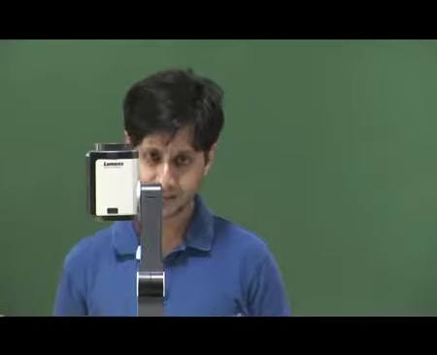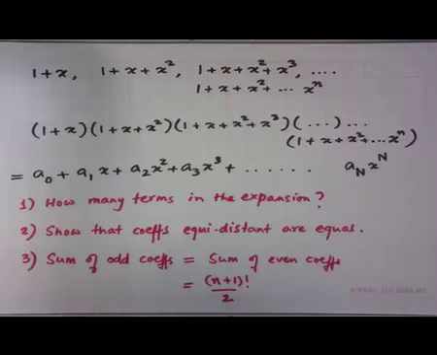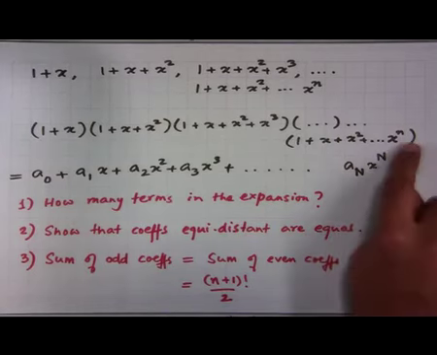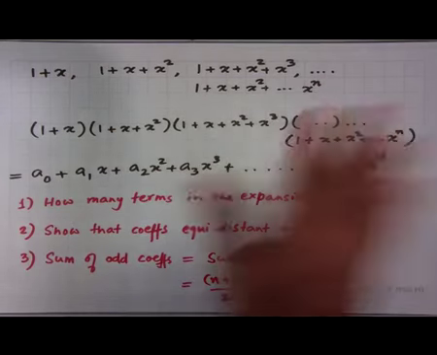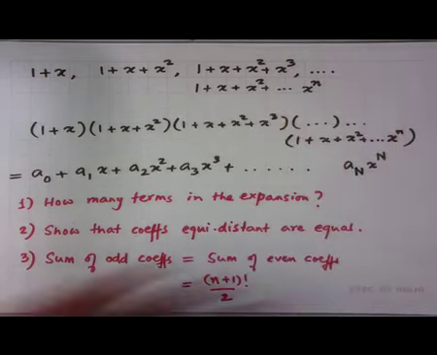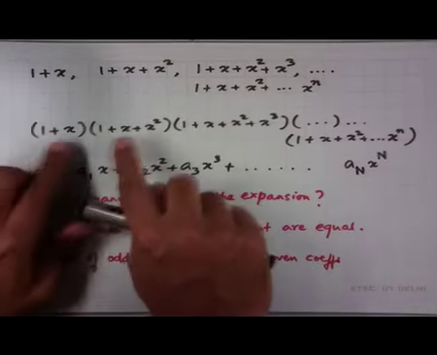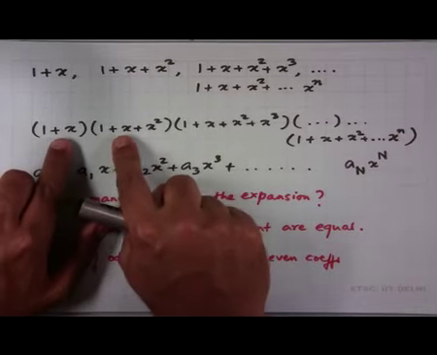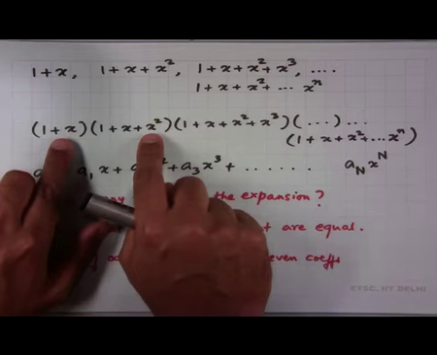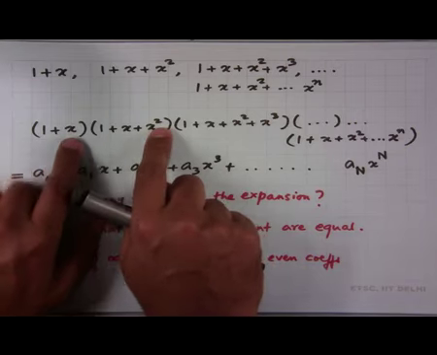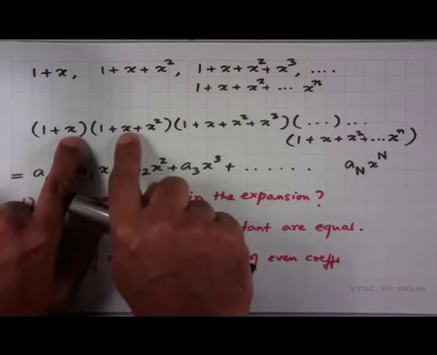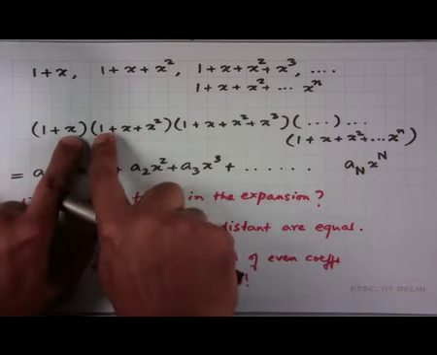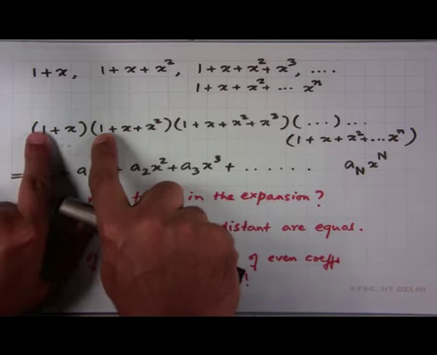You want to try? How many terms are in this expansion? So, of course, it depends on the value of n. So, let us say n is 2, right. If n is 2, then I have got only the first two terms, 1 plus x and 1 plus x squared. And then I will get a term corresponding to x cube, a term corresponding to x squared, a term corresponding to x, and a term corresponding to 1.